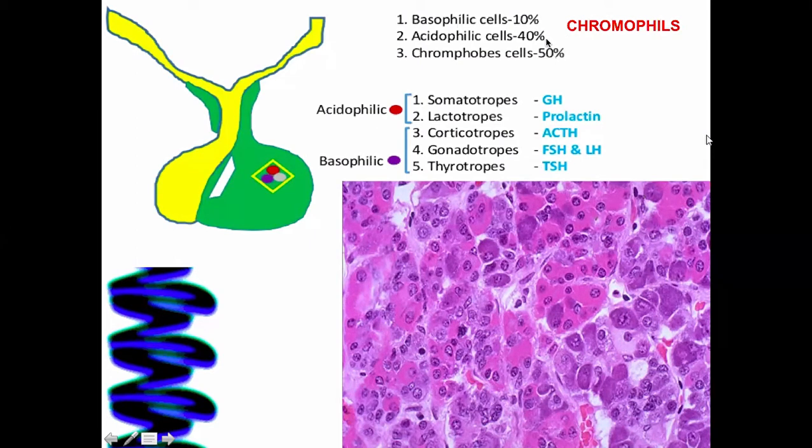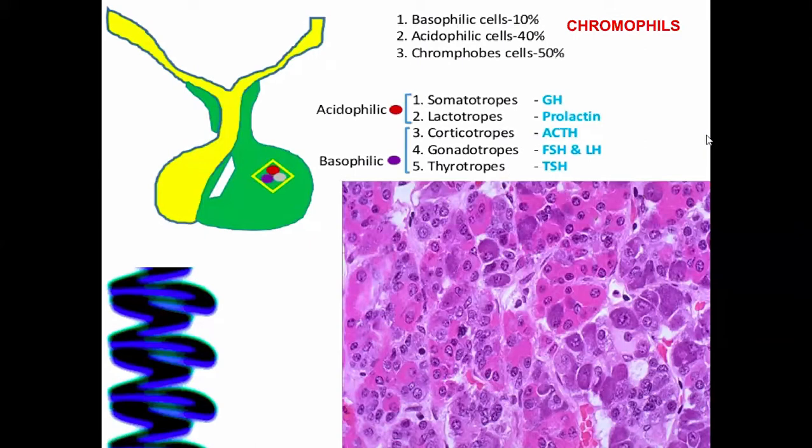Okay. So what are the acidophilic cells? The acidophilic cells, dalawa lang, madali lang maintindihan, no? GH, growth hormone, and prolactin. Whereas the basophilic cells are the rest, no? The corticotropes, gonadotropes, and the thyrotropes.